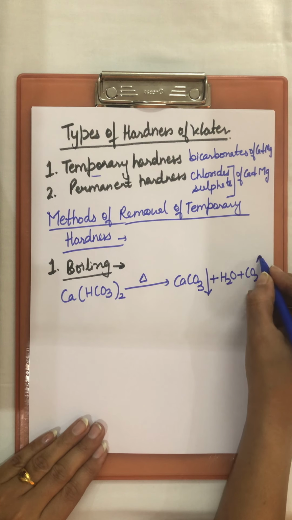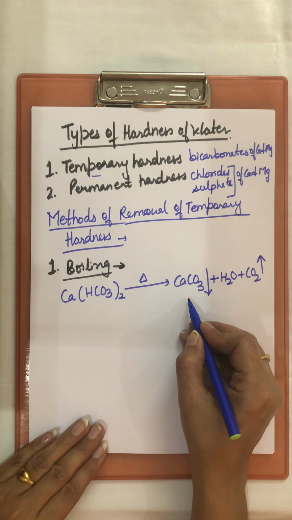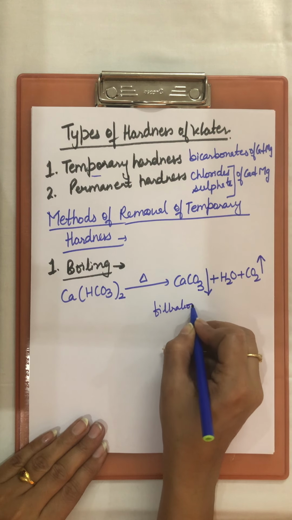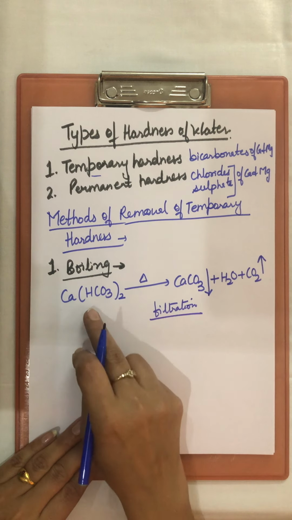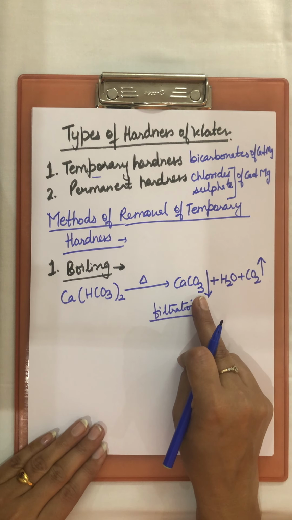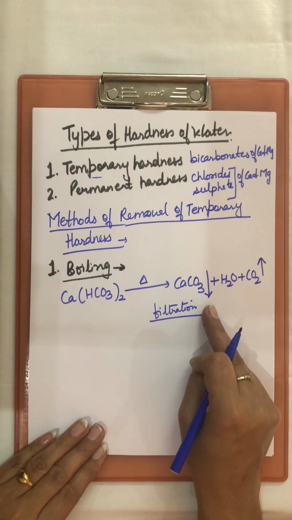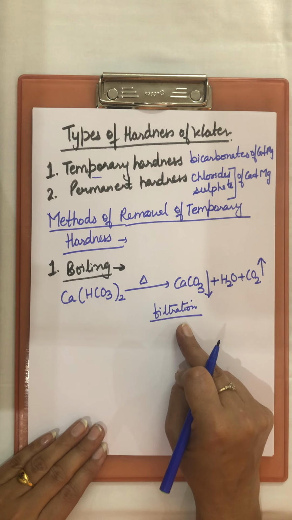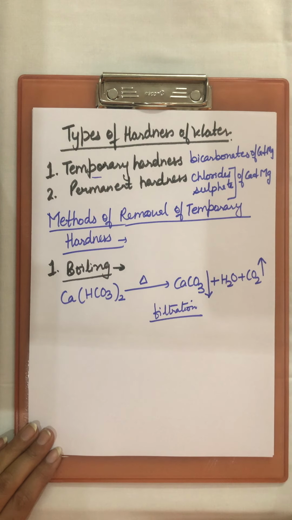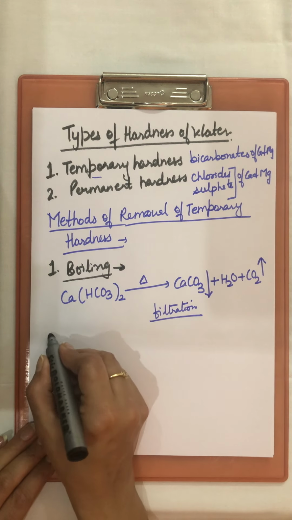The carbon dioxide will evolve out and the precipitate will settle down, and then we can remove it by filtration. There is no bicarbonate left. It has changed to the carbonate, which is insoluble and settles down as precipitates, which can be removed by filtration. So just by boiling we can remove this temporary hardness of water.